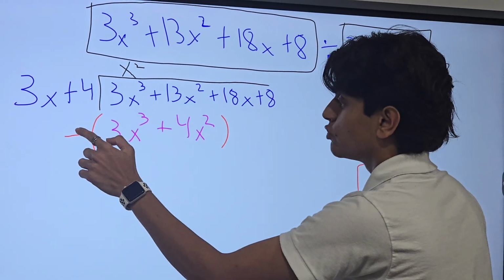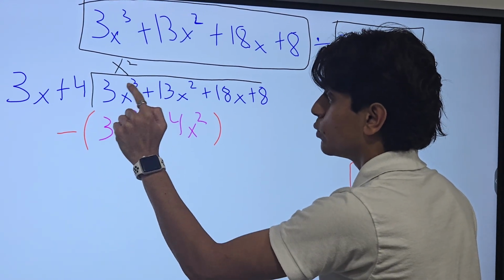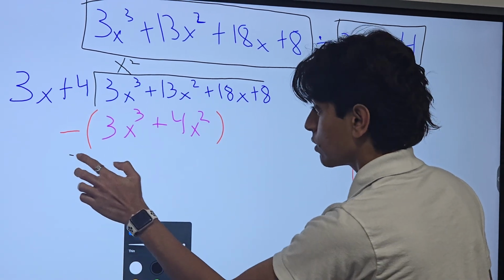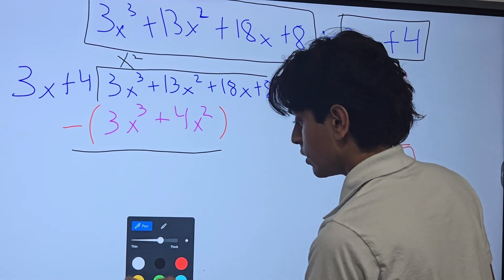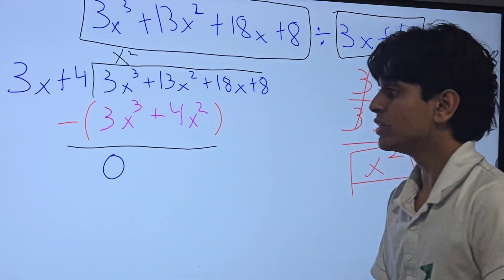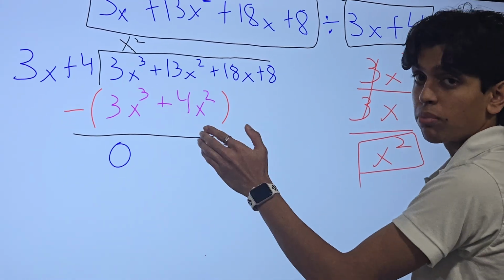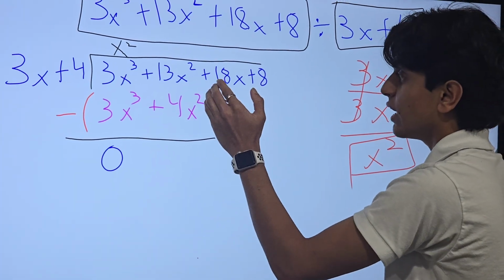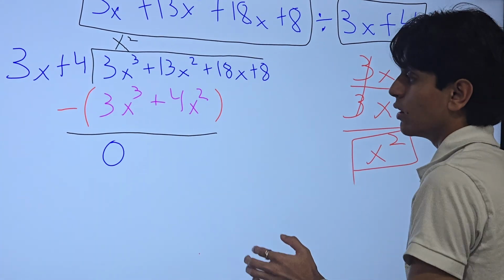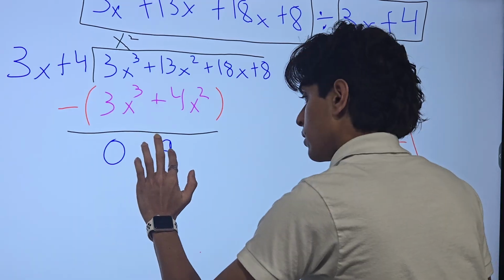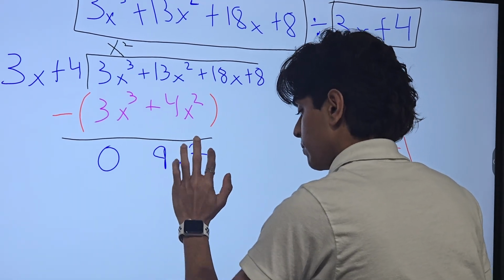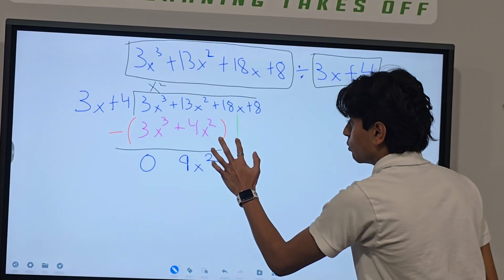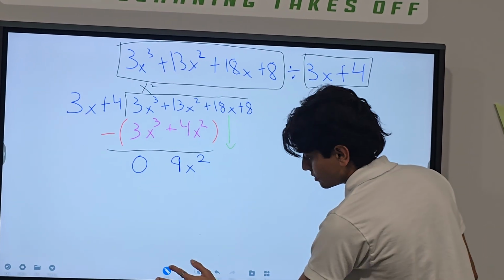So then, if we distribute the negative to 3x cubed, this would be 3x cubed minus 3x cubed, which would equal 0, and then when we distribute our negative to the positive 4x squared, that becomes negative 4x squared. So that would be 13x squared minus 4x squared, which would be 9x squared.